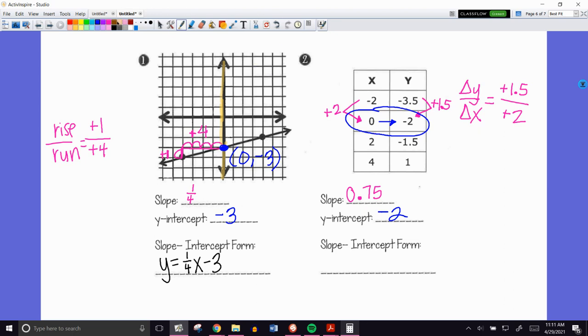Because remember, our y-intercept is where it crosses the y-axis, and it gives us a coordinate where x is 0. So then for my slope-intercept form, y equals m, or that slope, 0.75 x, and then my y-intercept is my b, so I'm going to put -2.